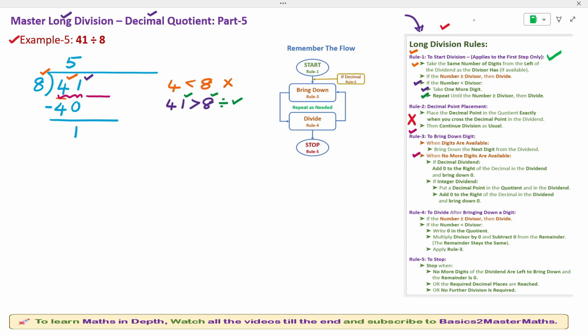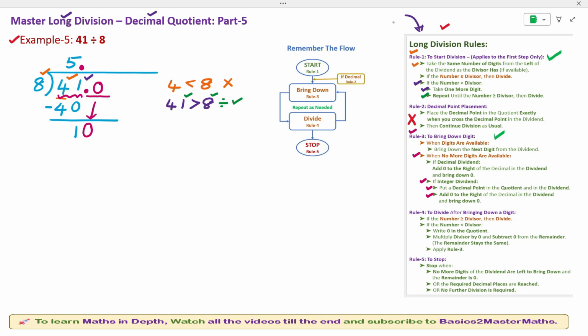When no more digits are available, if integer dividend, put a decimal point in the quotient and in the dividend. Then add 0 to the right of the decimal in the dividend and bring down 0. Got it? Now rule 3 is complete.